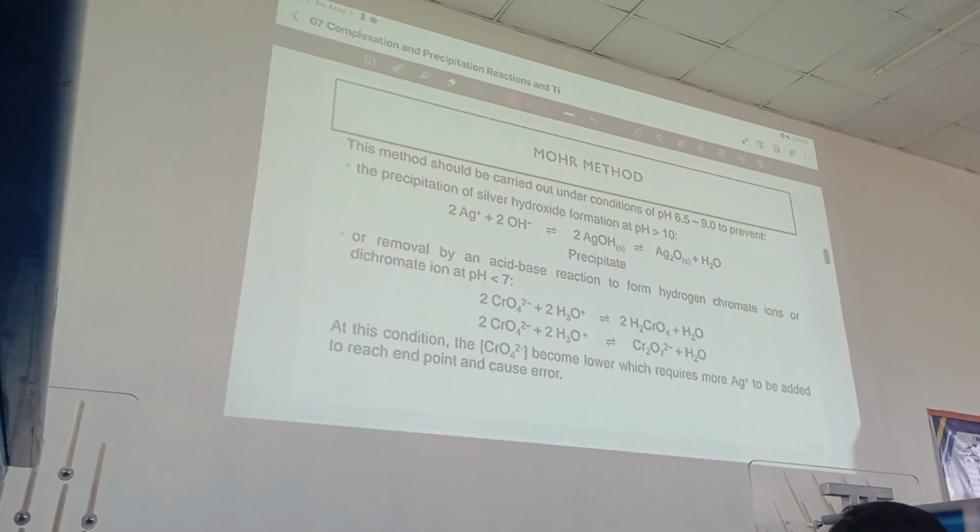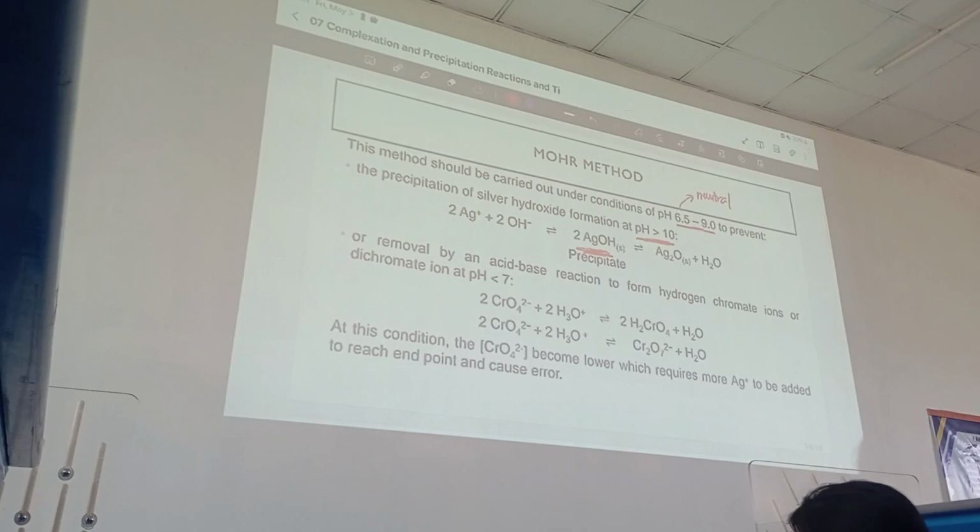Okay, dugangan lang din sa Mohr method. This method should be carried out under condition pH 6.5 to 9. Oh, this is neutral. Kung basic na ang solution at pH greater than 10, mag-form or precipitate, which could turn into an error sa inyong experiment.